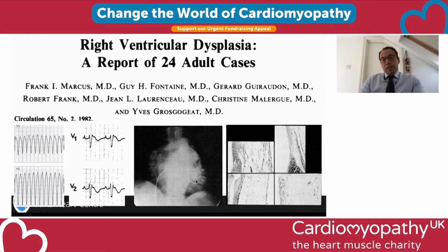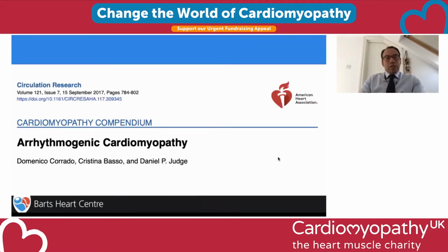But as well, at the time, we didn't really have much imaging opportunities, and you can see here this is a ventriculogram of the right ventricle, where you can see a dilated right ventricle with aneurysms and the histological analysis. But we have moved quite significantly, and this is a paper by Corrado a few years back.